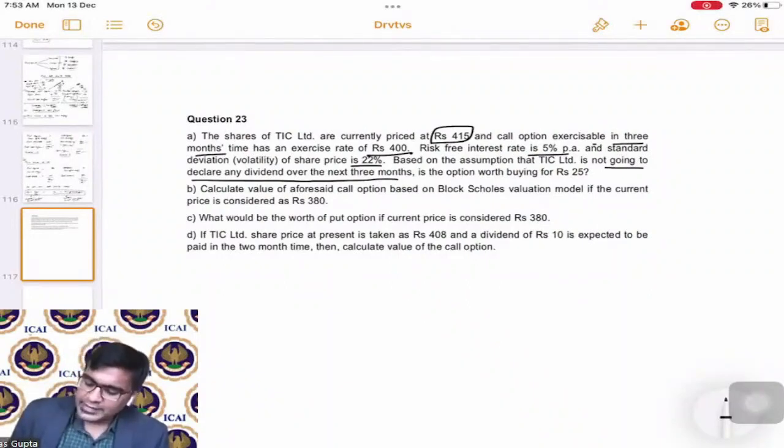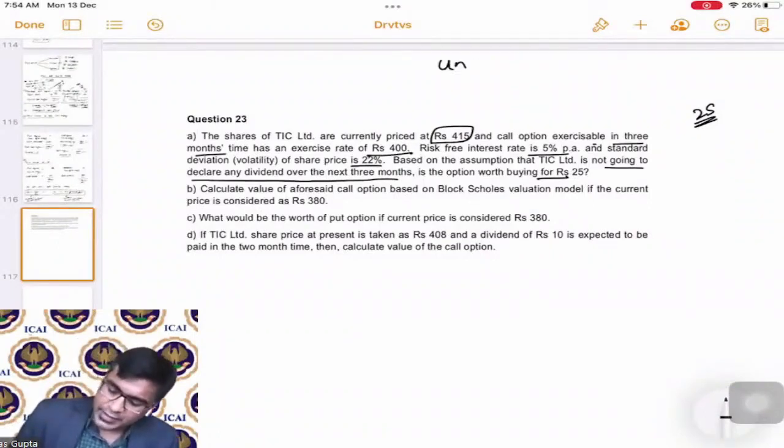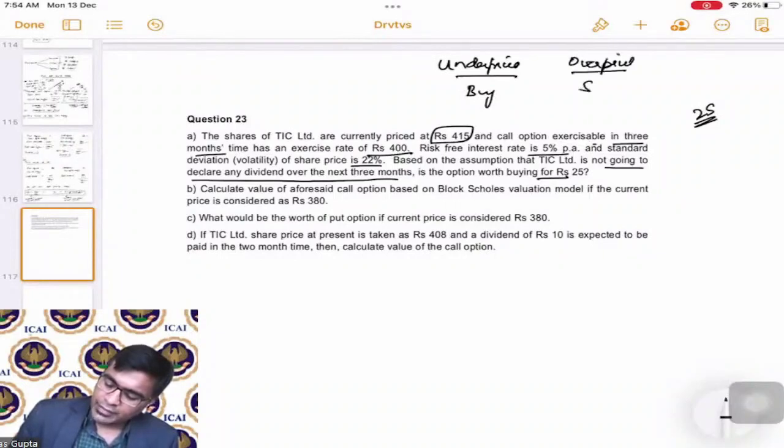And the next line is asking, is the option worth buying for rupees 25? So they have given that 25 is currently the option price. You tell us whether it is worth buying at 25. Now, students, we know the principles of overpriced and underpriced, what to be bought and what to be sold. If something is underpriced, then we will buy it. If something is overpriced, then we will sell it.